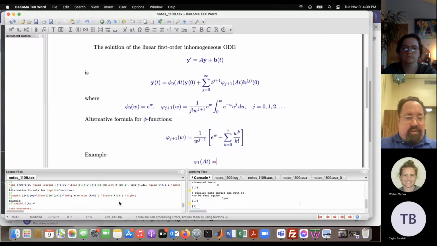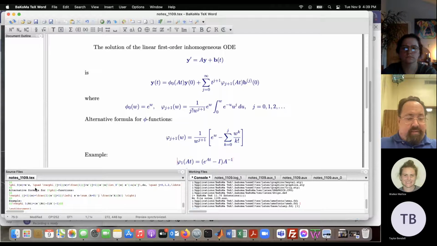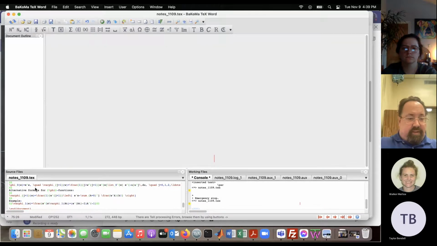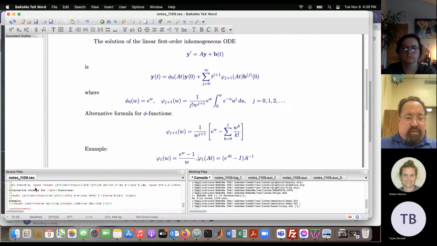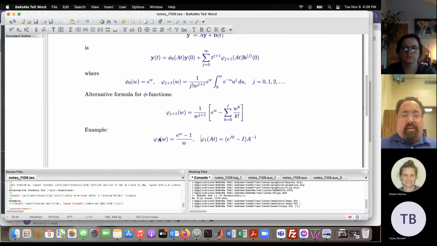So that would be e to the At minus identity times A inverse, and that comes from φ1 of W being e to the W minus 1 over W. So here, W is replaced by matrix At, and here we're dividing by W, but you don't divide by a matrix, you multiply by its inverse.